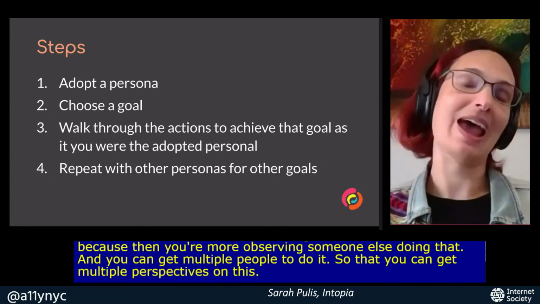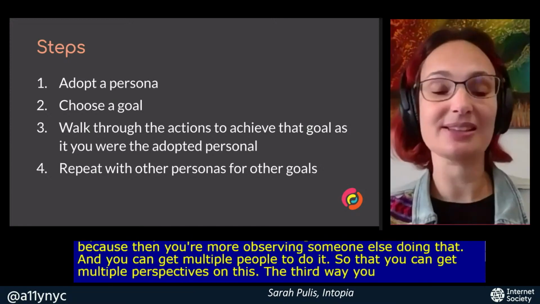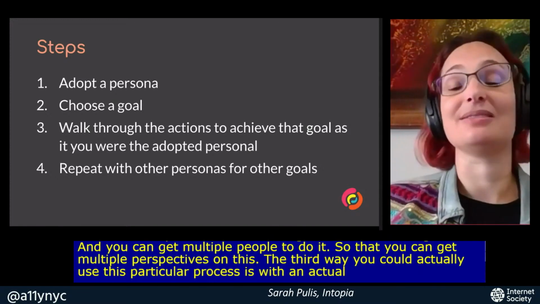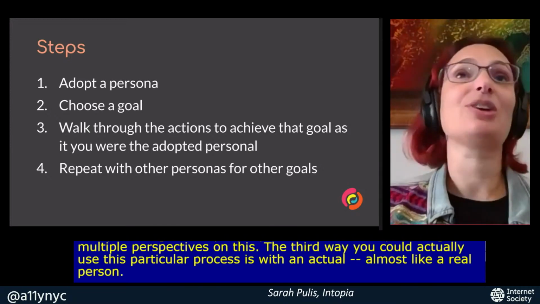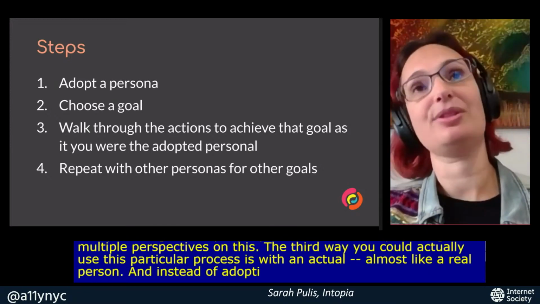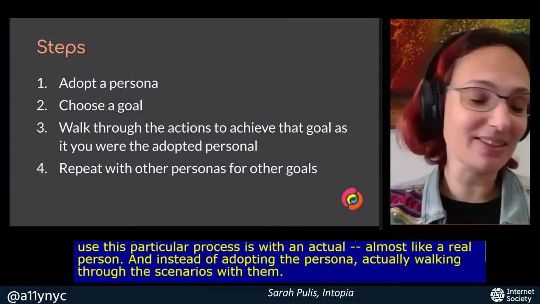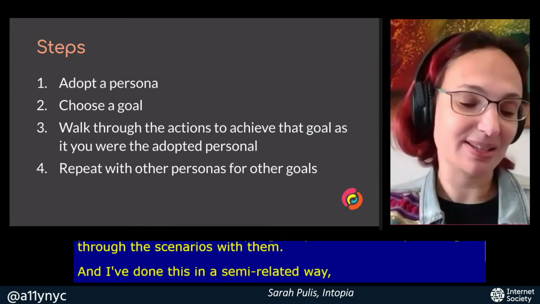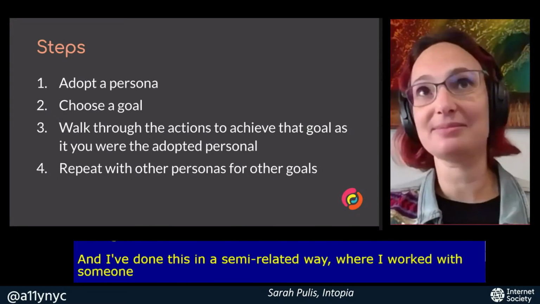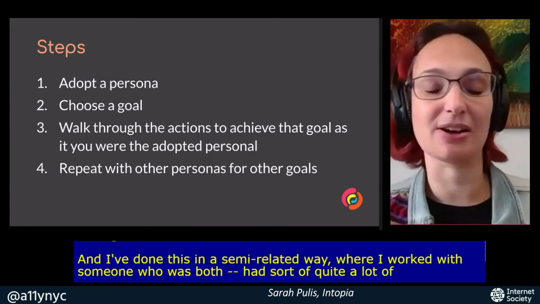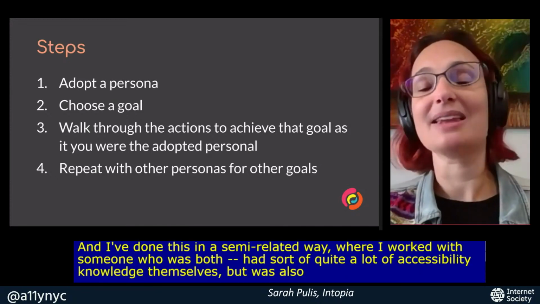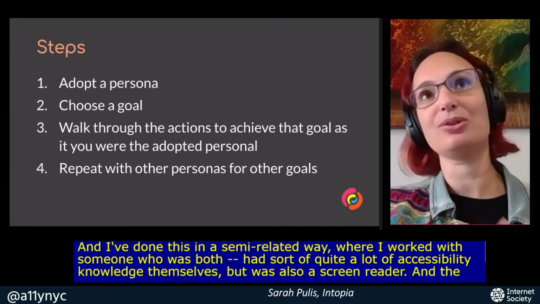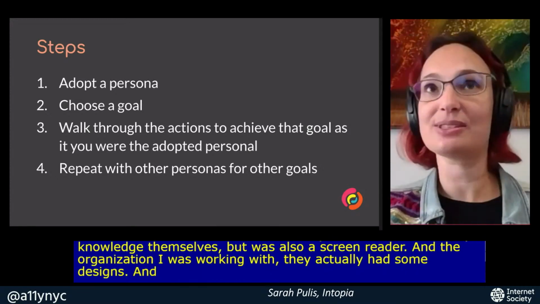The third way you could use this particular process is with an actual, almost like a real person, and instead of adopting the persona, actually walking through the scenarios with them. And I've done this in a semi-related way where I worked with someone who had quite a lot of accessibility knowledge themselves, but was also a screen reader user. The organisation I was working with had some designs, and we would walk through the designs with that person.